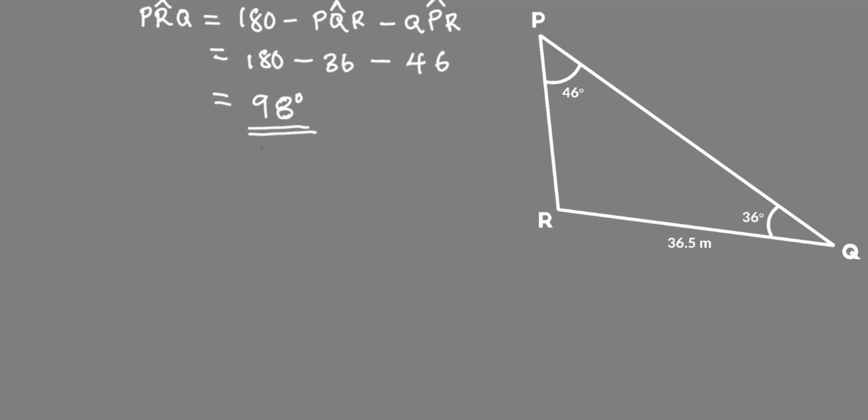Using our sine rule, it's very easy to come up with this equation. Sine p, the angle at p, divided by the side opposite the angle at p, is equal to sine of the angle at r divided by the side opposite the angle at r.